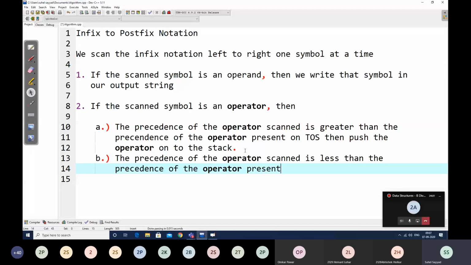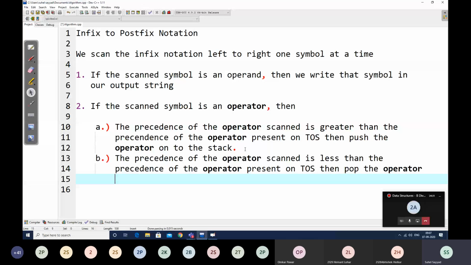The precedence of the operator scanned is less than the precedence of the operator present on top of stack. In this case, pop the operator present on top of stack and push the operator that is scanned.